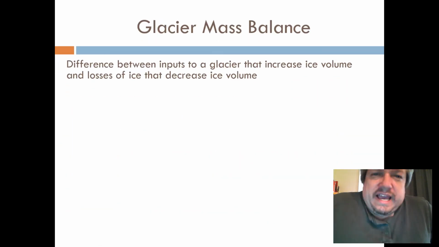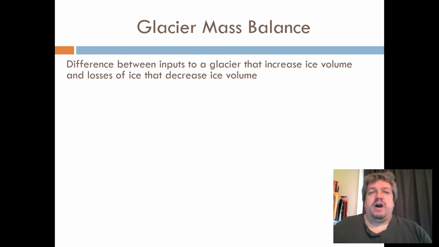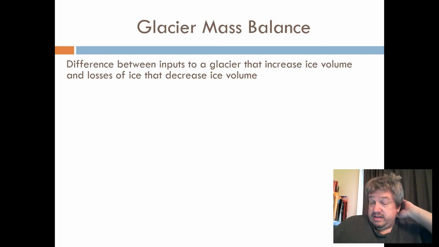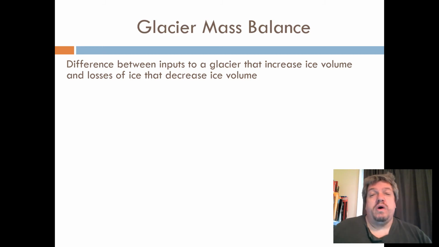Now, scientists, when they study glaciers, they have to account for the mass balance. This is basically a way of looking at the size of a glacier and if it's growing or shrinking. Glacial mass balance is the difference between the inputs to a glacier that increase it and those that decrease it. So what would be the inputs? Well, like we said, snow.